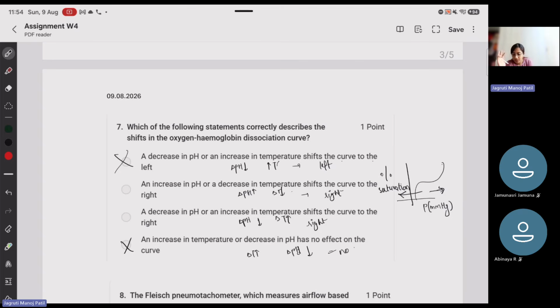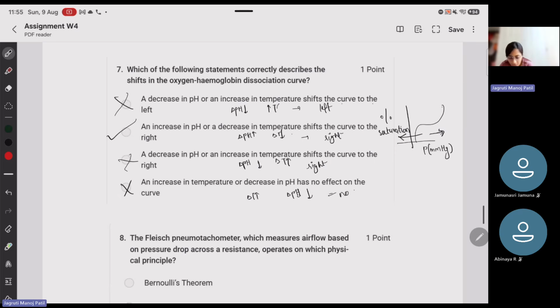Well, this was right because my pH is increasing, my temperature is shifting down, and my pressure is now increasing, so it will shift the curve towards the right. A decrease in pH or an increase in temperature will shift the curve towards the right. Of course, your pressure and temperature cannot do it.